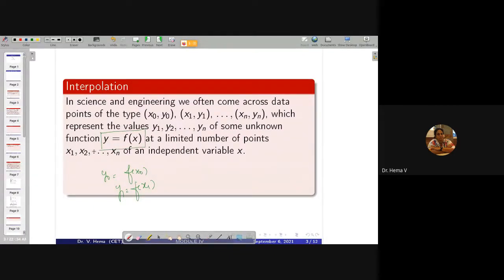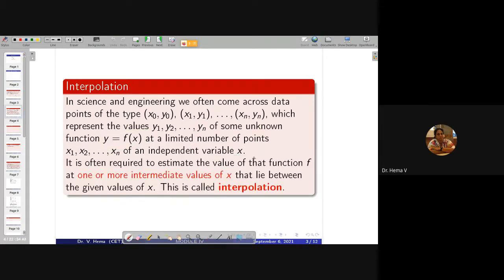So you can find some unknown function, mostly a polynomial. So y is equal to f of x, a polynomial, at a limited number of independent points, say x1, x2, etc. x is the independent variable, whereas y is the dependent variable, depending upon x.